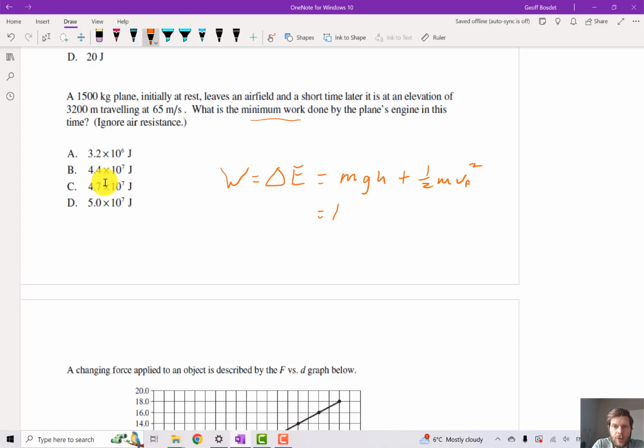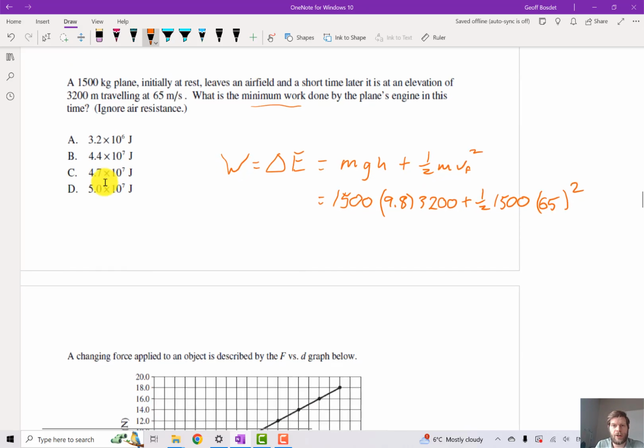So we'll just do our mass, 1,500 times 9.8 times our height, 3.2 kilometers, plus 1/2 times 1,500 times our final velocity squared. And that is how much our energy has changed, and that'll get us the minimum work. In real life, of course, the engine's going to have to overcome friction and have various other inefficiencies.